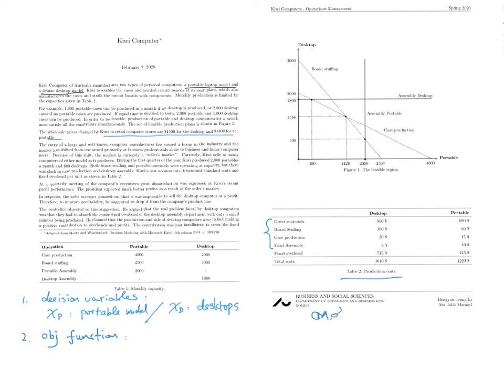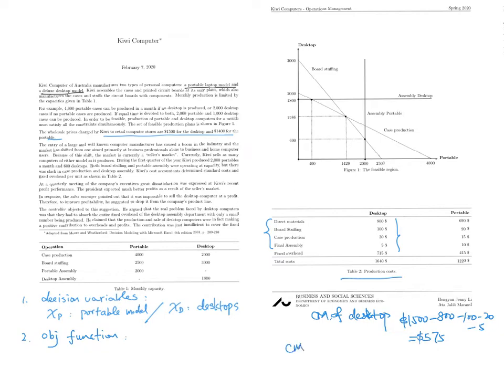So for example, the contribution margin of a desktop is here. We just use the wholesale price 1,500 minus 800 minus 100 minus 20 minus 5, which equals $575.